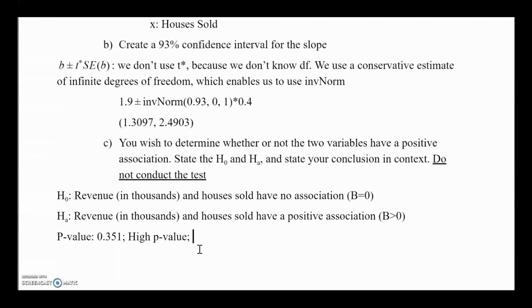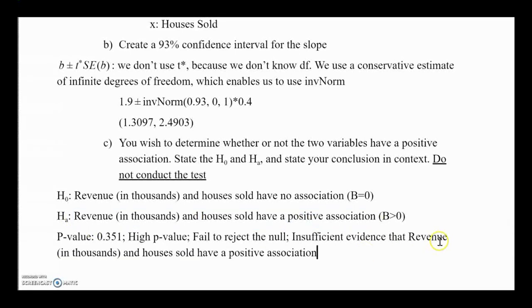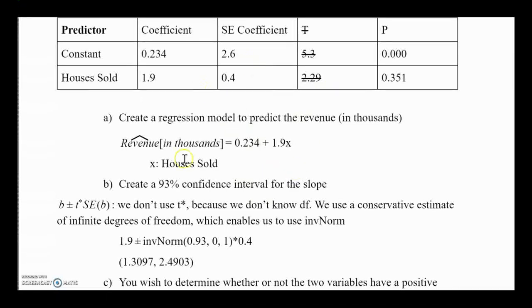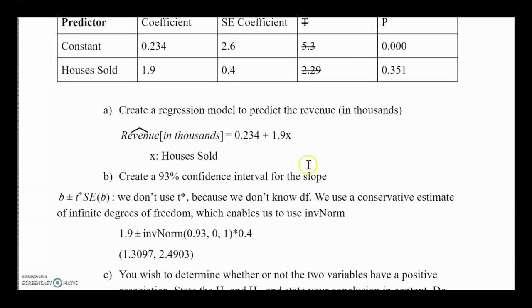High p-value, fail to reject the null, and insufficient evidence that the alternate is true, that revenue in thousands and houses sold have a positive association. Maybe if we had more data, we could actually see that, but this is what our regression model indicates.